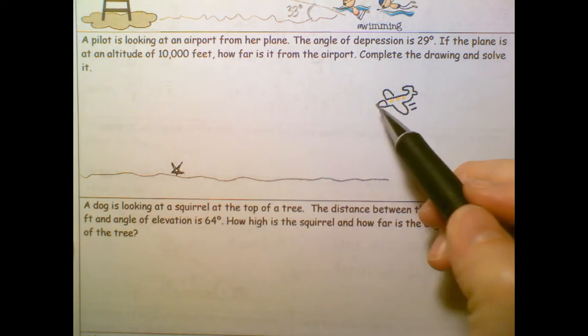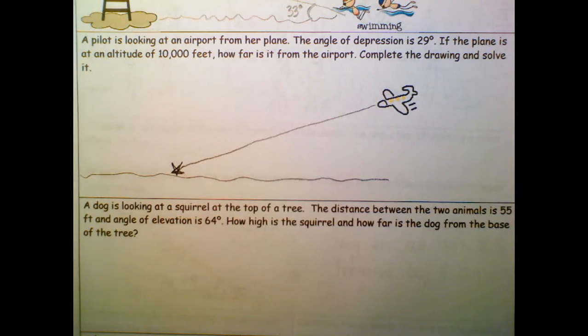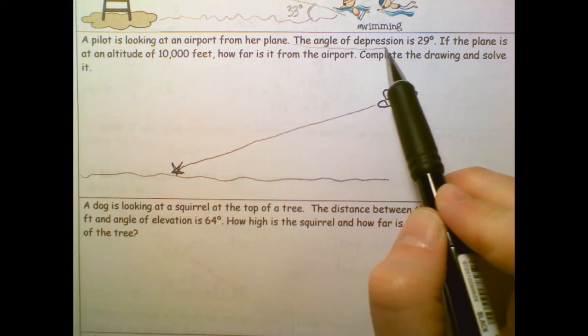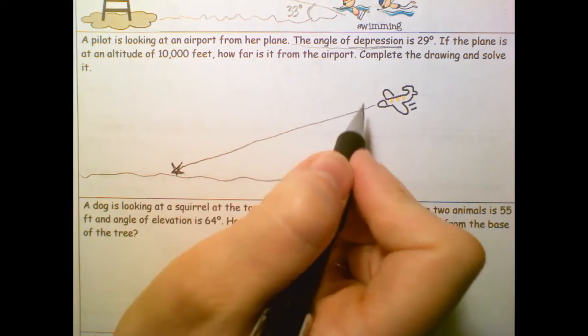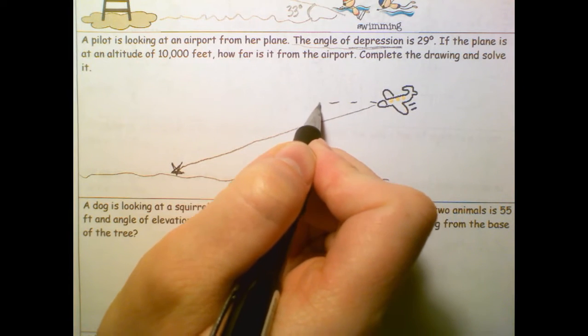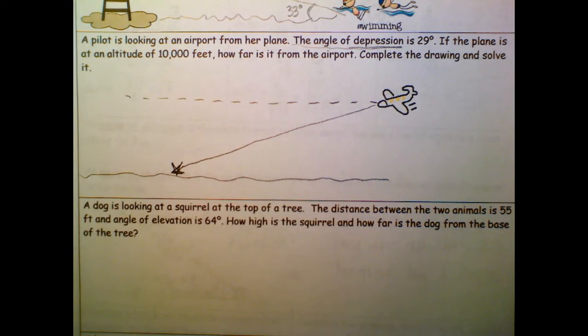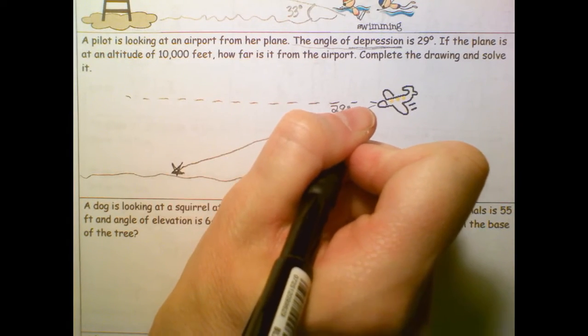So first thing we're going to do is our line of sight. And the question gives us an angle of depression. All right, so first thing we do when we draw an angle of depression is the imaginary horizontal line that goes parallel to the ground, because this is the angle of depression, 29 degrees.